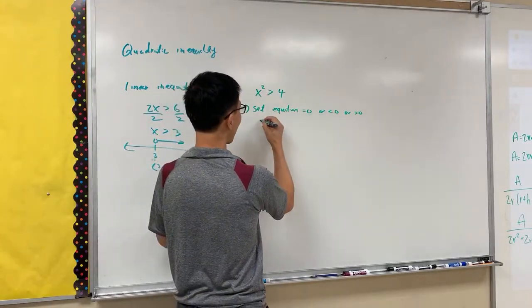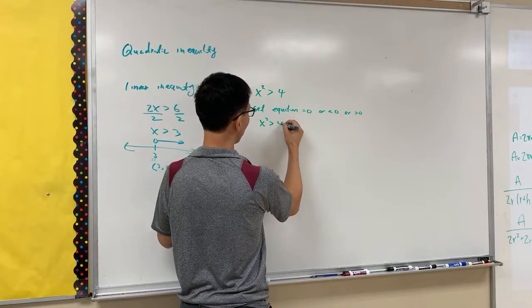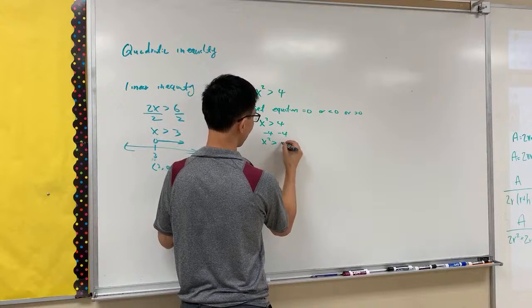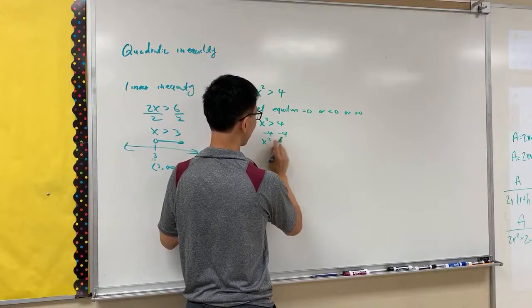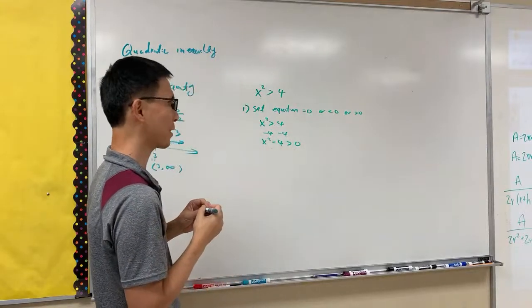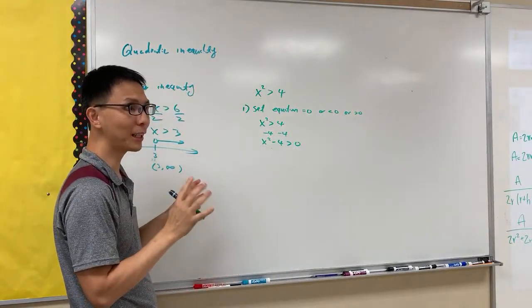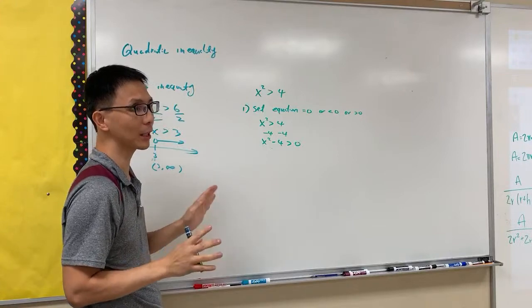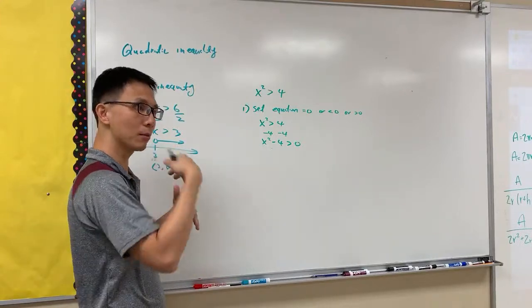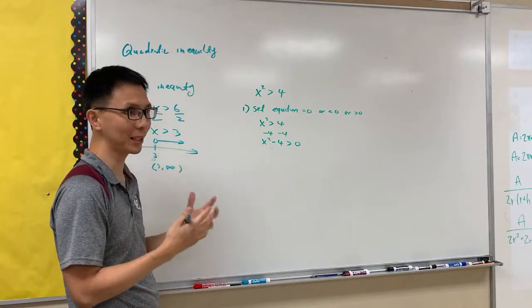So if I have x squared greater than 4, I'm going to subtract 4 on both sides. I'm going to say x squared minus 4 is greater than 0. And that is the first step. Unlike what you think, if you square root both sides you're not going to get an answer. You're going to get exactly the wrong answer that people tend to get. So that's why I need to teach you.